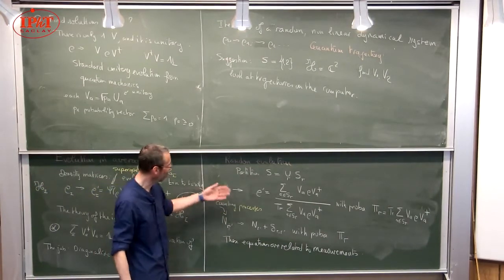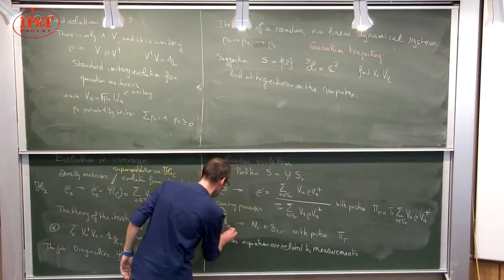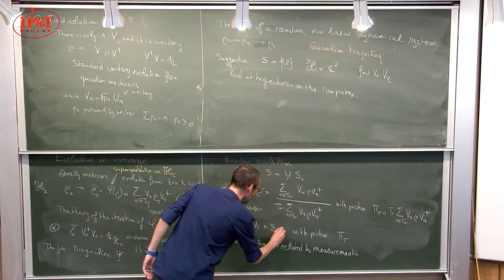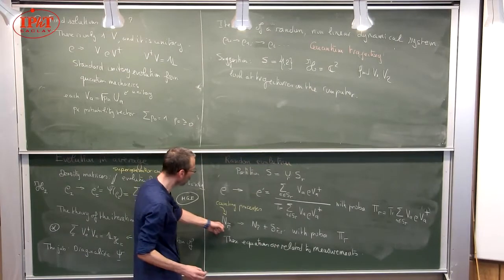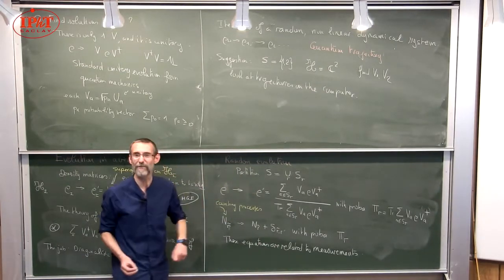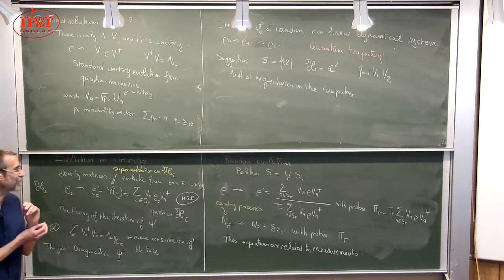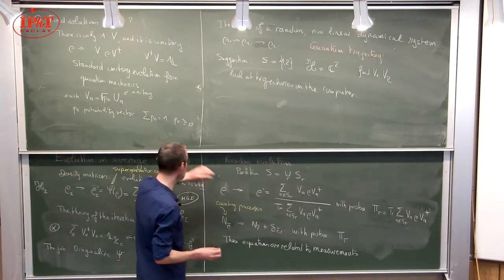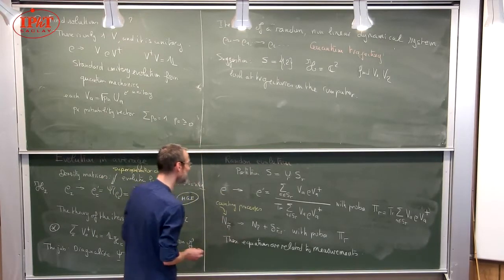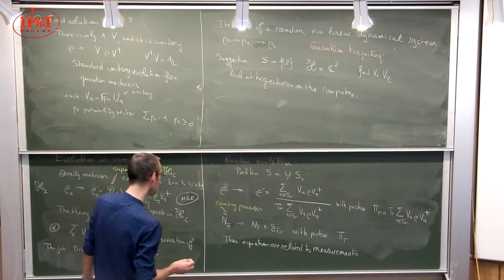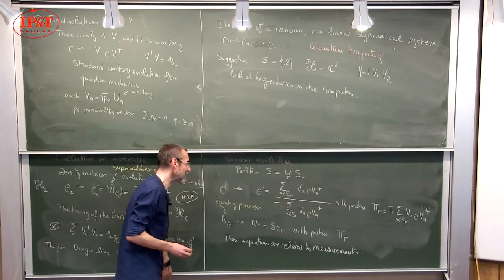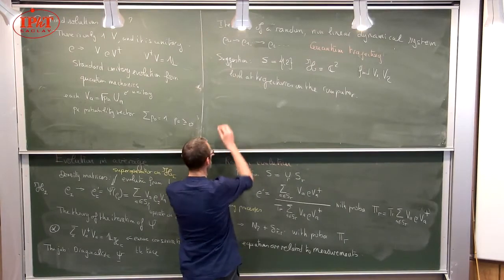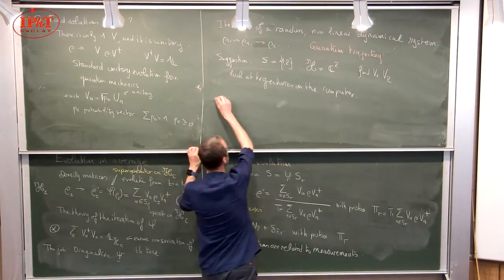So this, of course, the prime is terrible. Let me put a tilde here. So this is just counting the number of times the outcome of the experiment has been R. This is another way to say it. Okay. And I will finish for this first session with just a little remark, which is the following. All these equations are classical. These are classical dynamical equations.